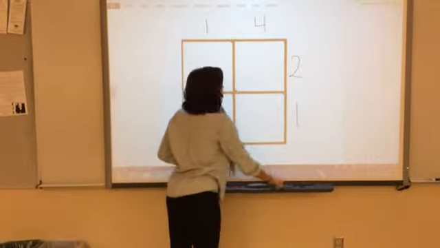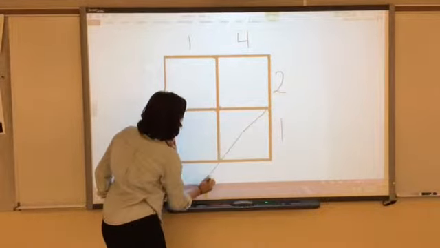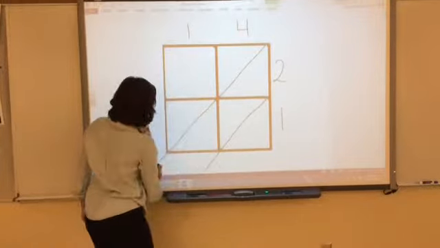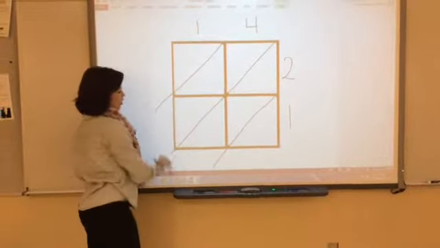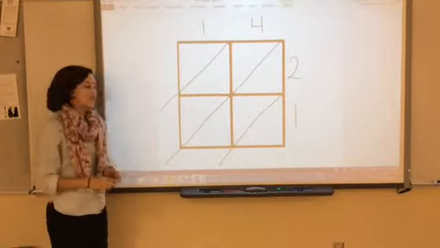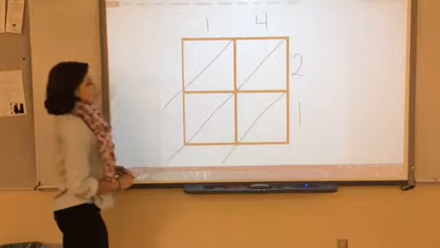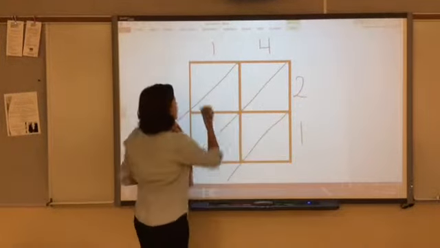You need to set up your diagonals. And make sure they extend all the way out the side of your lattice so you don't confuse your numbers. First, you're going to multiply your 1 by your 2, which is 2.